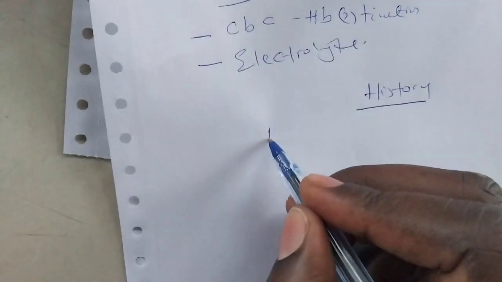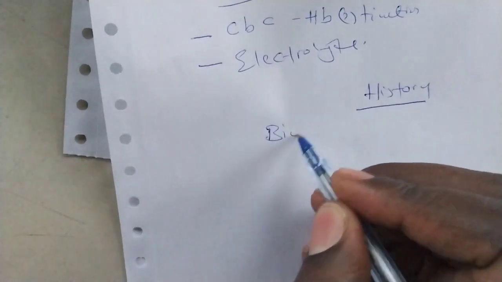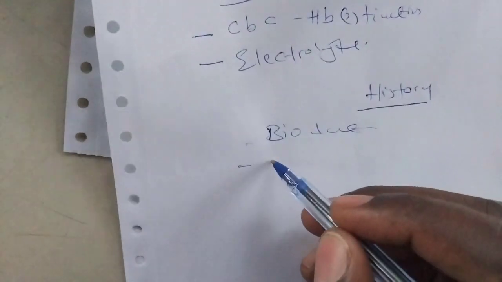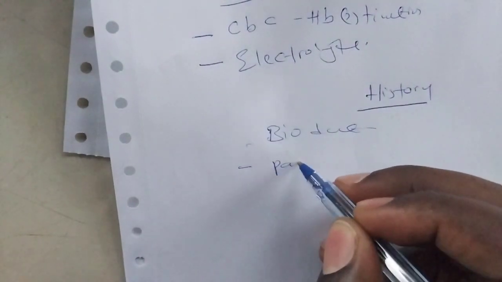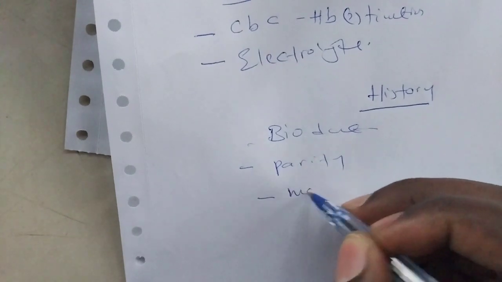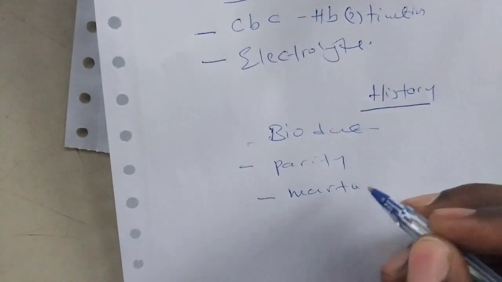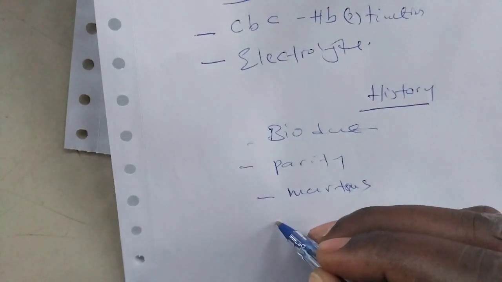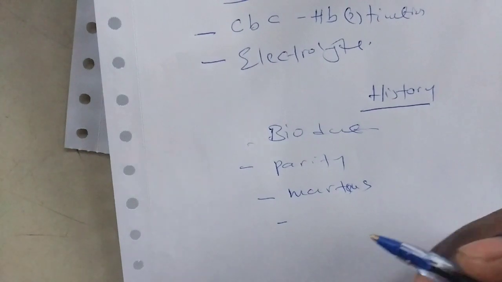So we have the bio data, the parity of the mother, the marital status, and then we have the living situation.